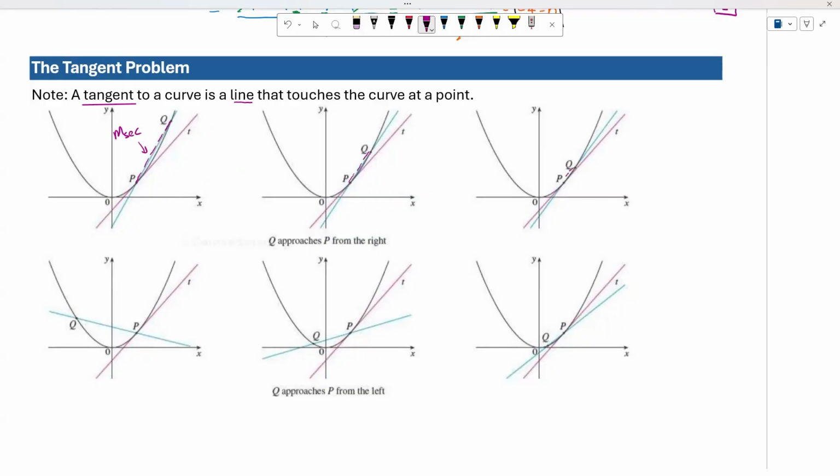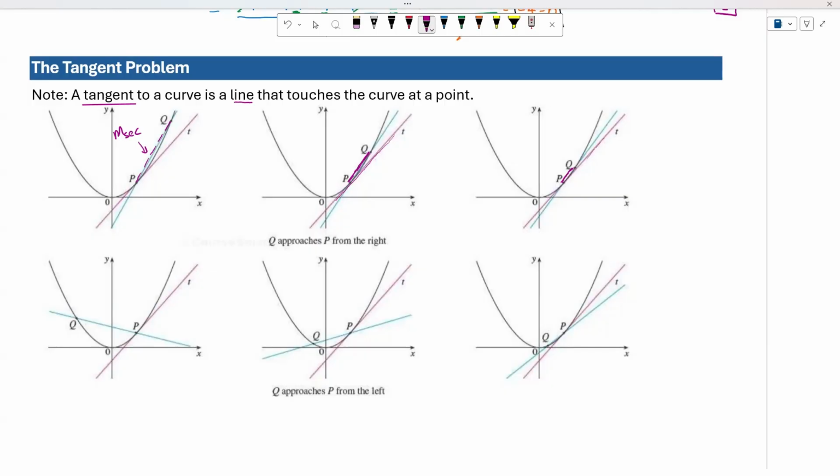Do you see that the secant line, when Q is getting closer to P, becomes the tangent line?